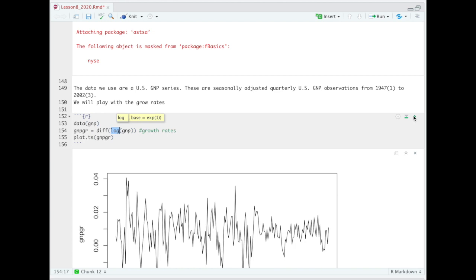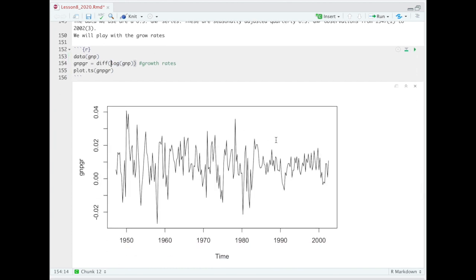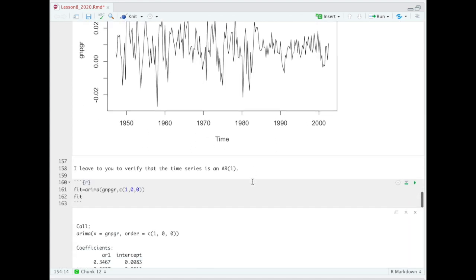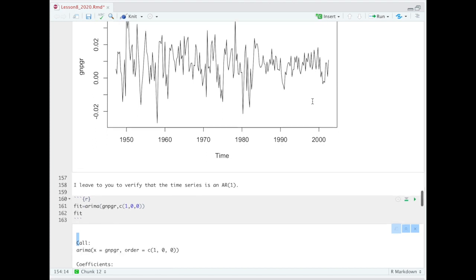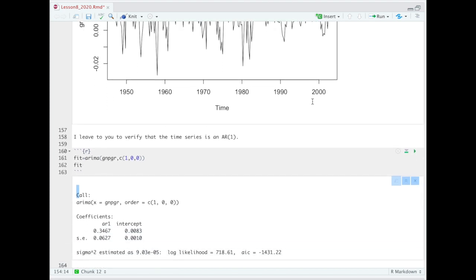Now, the time series is what you see here on your screen. So this is our time series of growth rates. Now, as an exercise, I leave to you to verify that if you want to fit a model to this data, a simple autoregressive model of order 1 works nicely, but I leave that to you.